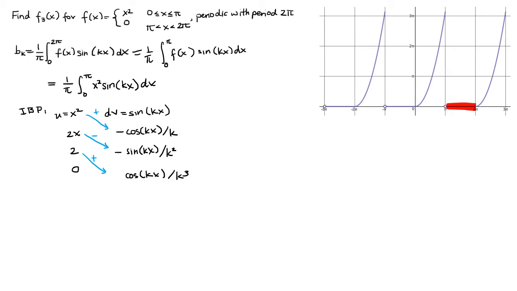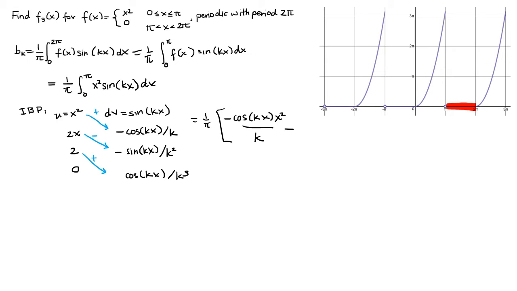Okay, so our integral is 1 over pi times, well, we have x squared times negative cosine of kx over k. So we get negative cosine of kx times x squared over k minus 2x times negative sine of kx over k squared.